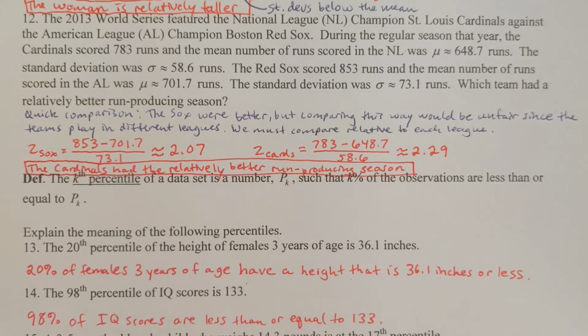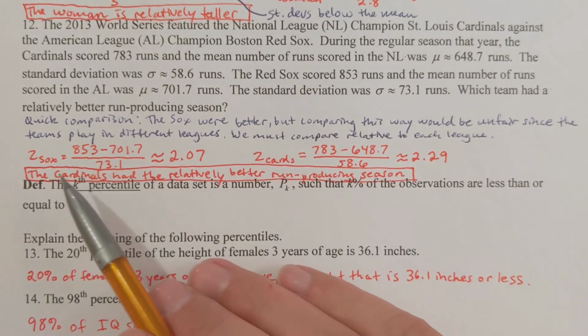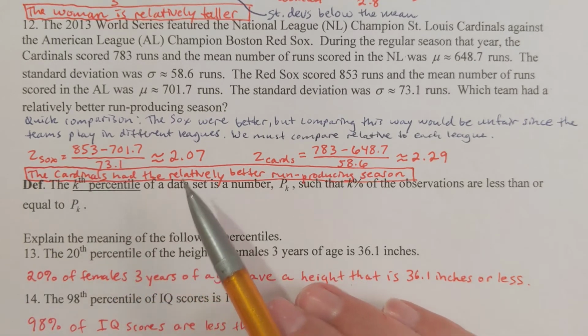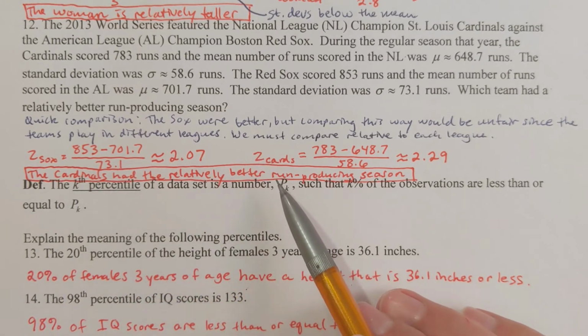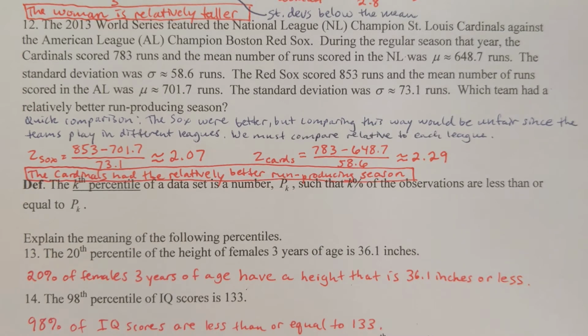The only time these two teams played each other was during the World Series, so it wouldn't really be fair to compare them if they only play each other one time. So it'd be better for us to compare the Red Sox to all the other teams in the American League and the Cardinals to all the other teams in the National League, and see who did better relative to their league.